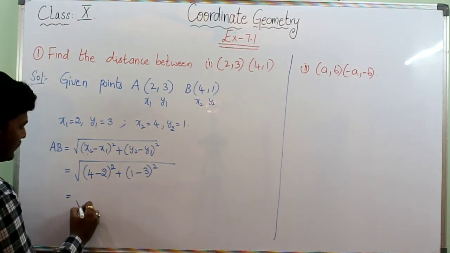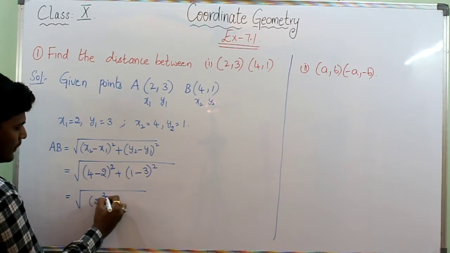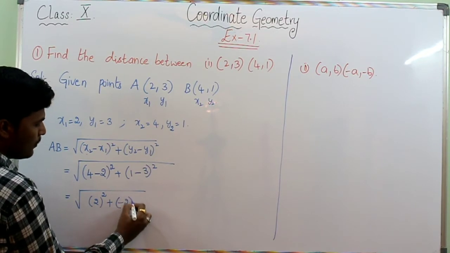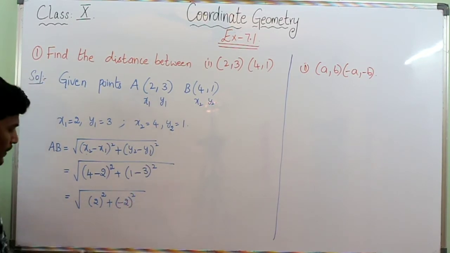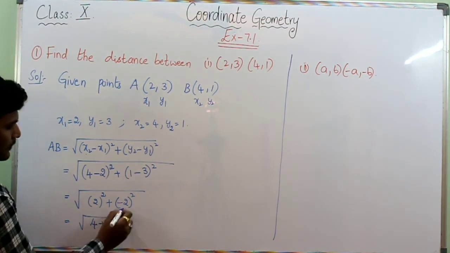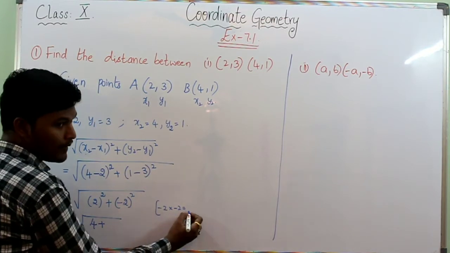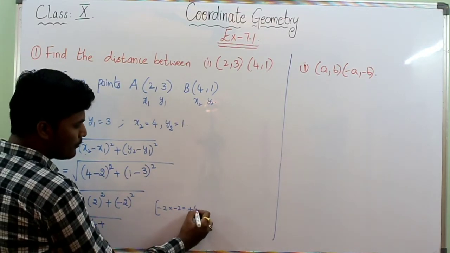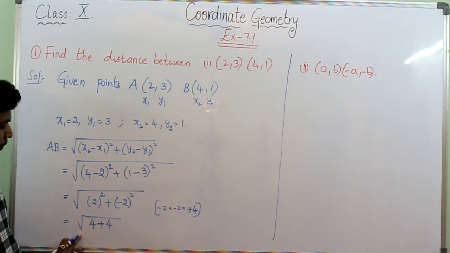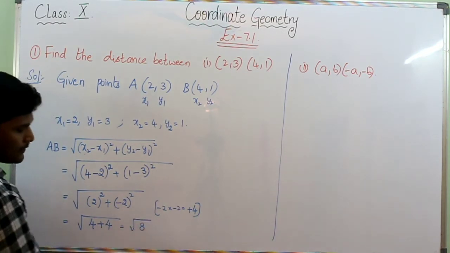Okay, this implies 4 minus 2 is 2 square plus 1 minus 3 is minus 2 whole square. Okay, so this is equals to 2 square is 4 plus minus 2 whole square, that is minus 2 into minus 2, minus into minus will become plus, 2 2s is 4. So 4. Okay, now square root of 4 plus 4, which is nothing but square root of 8.